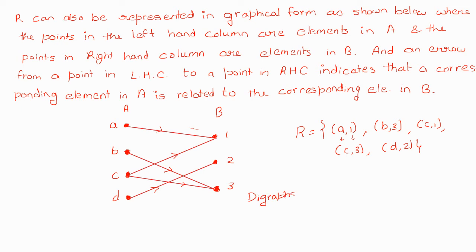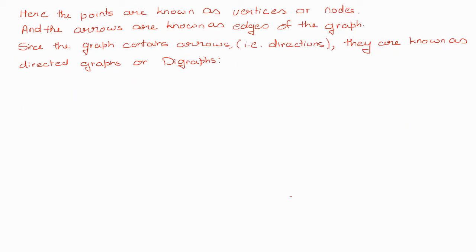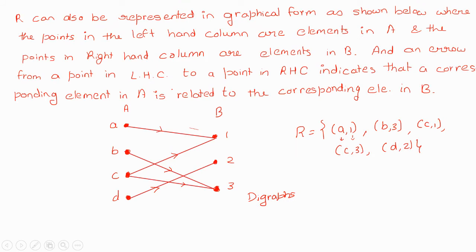And here all these points are known as vertices or nodes. If we go to see this, A, B, C, D are all points. Again, 1, 2, 3 are the points. Let them be of different sets, but together this entire figure makes one graph.